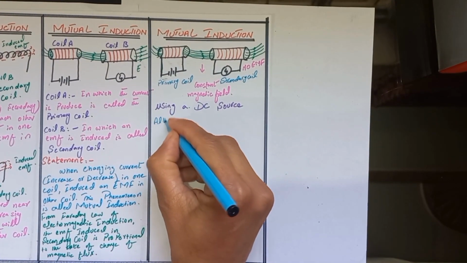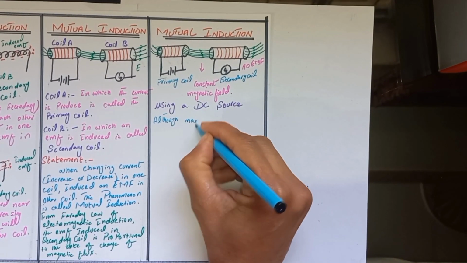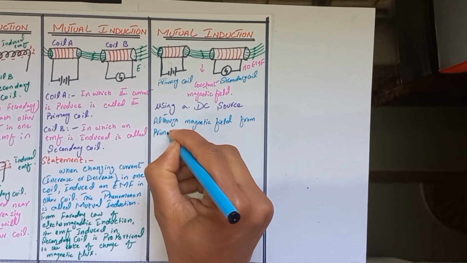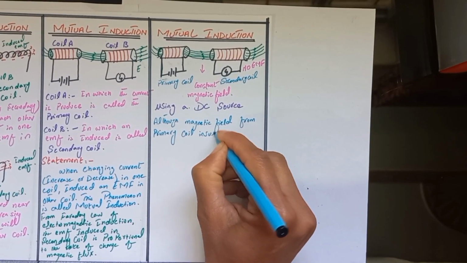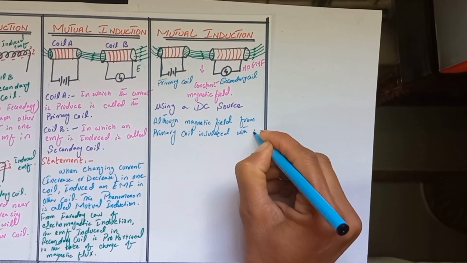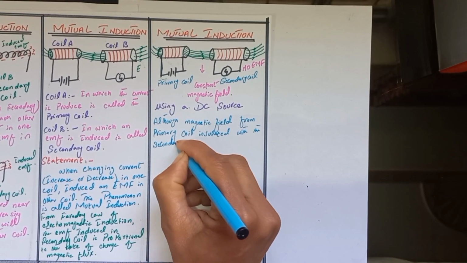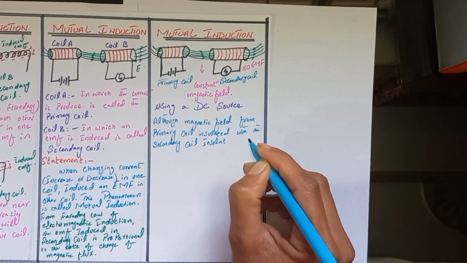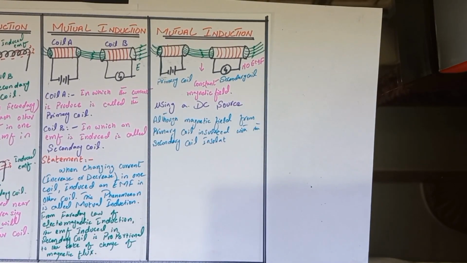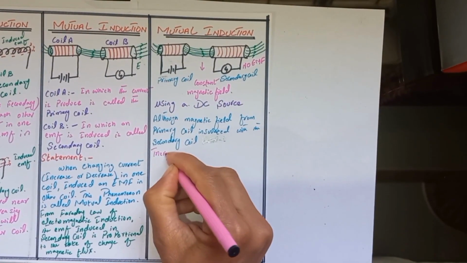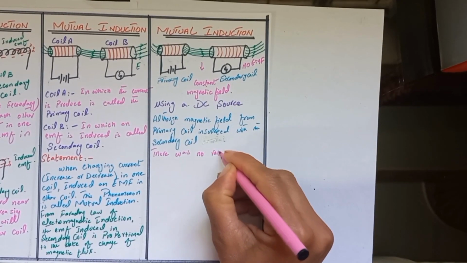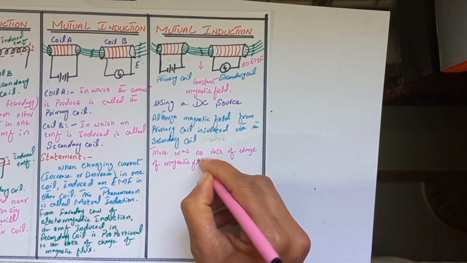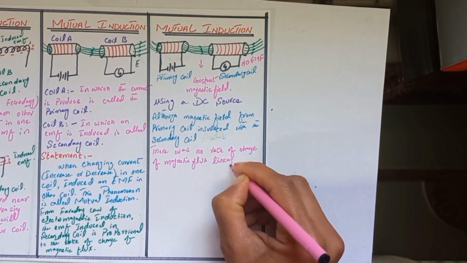Although the magnetic field from the primary coil links with the secondary coil, there is no rate of change of magnetic flux linkage.